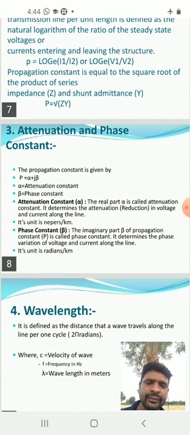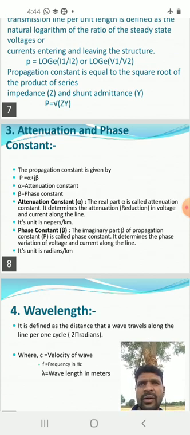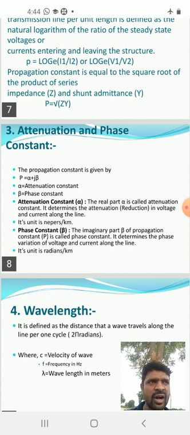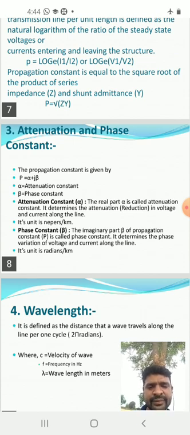That means any variations of the voltage and current with respect to phase variation, that is, phase variations in a voltage or current in a transmission line, is called the phase constant.